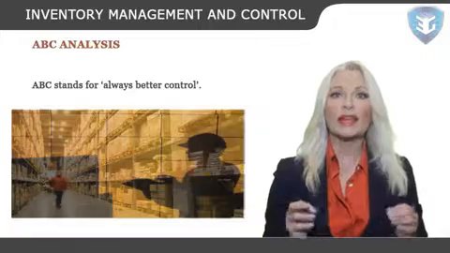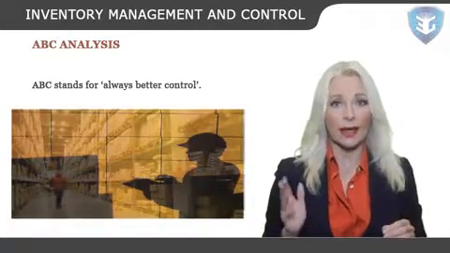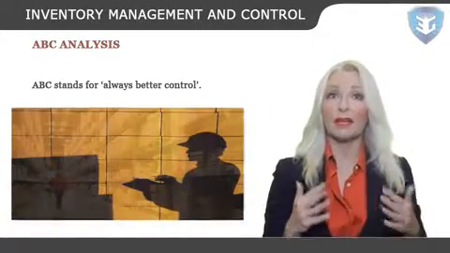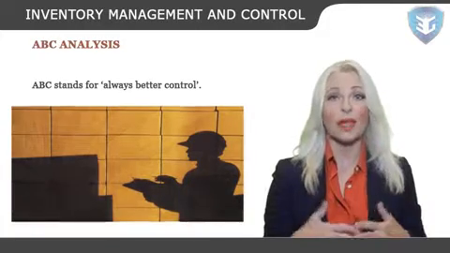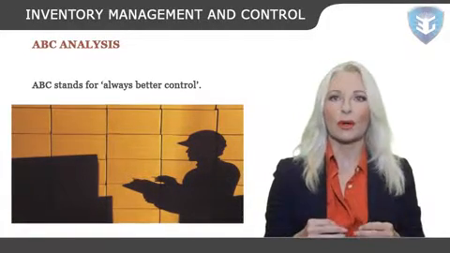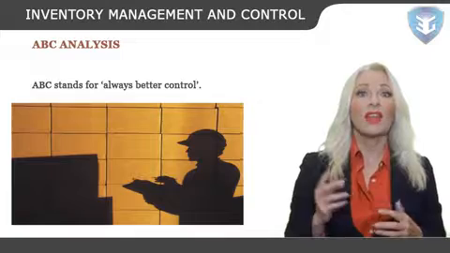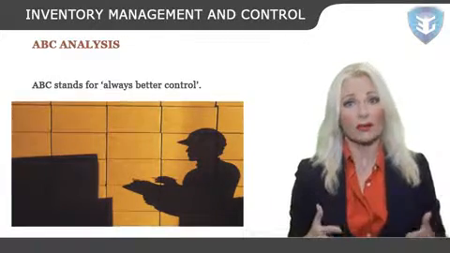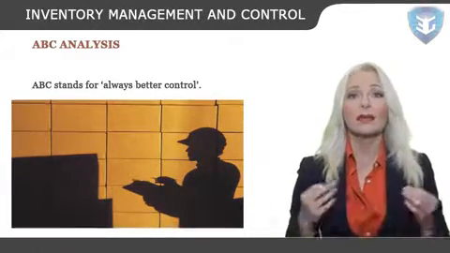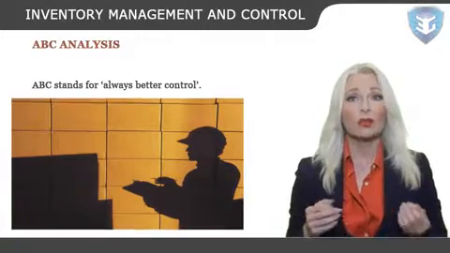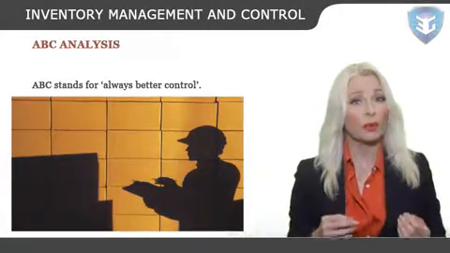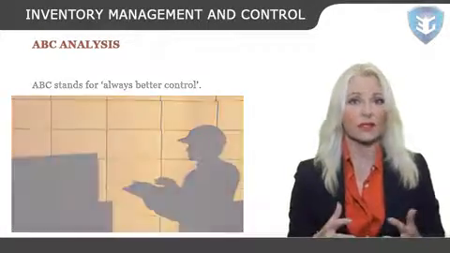Typically, three classes of items are called A, very important, B, moderately important, and C, least important. The actual number of categories varies from organization to organization, depending on the extent to which a firm wants to differentiate the control efforts.